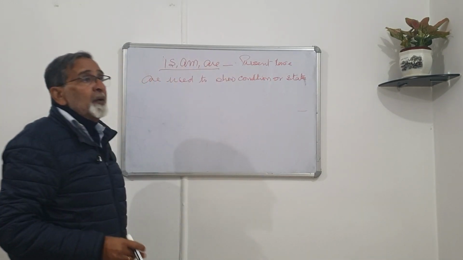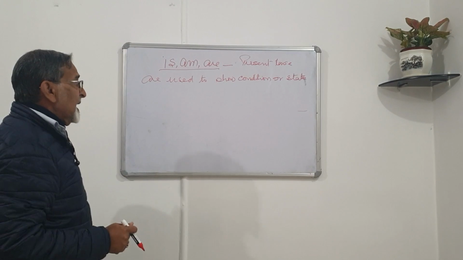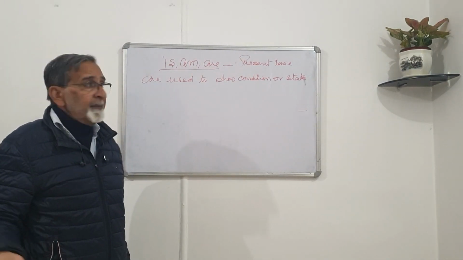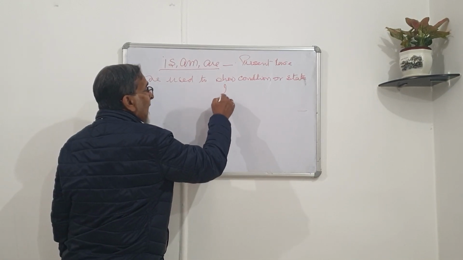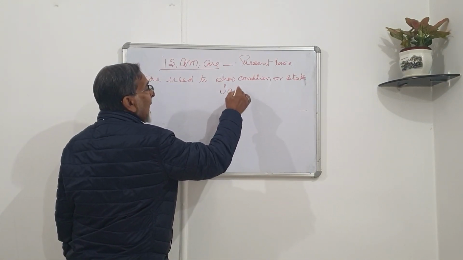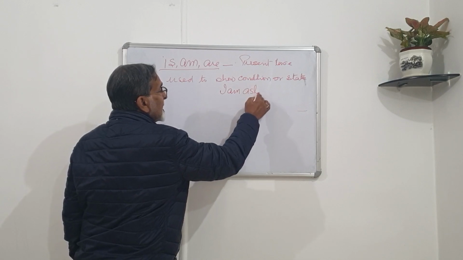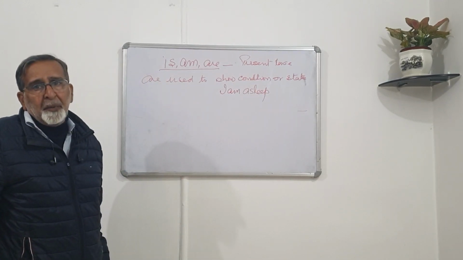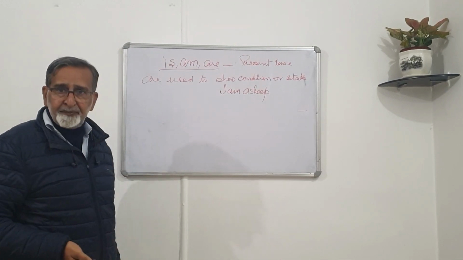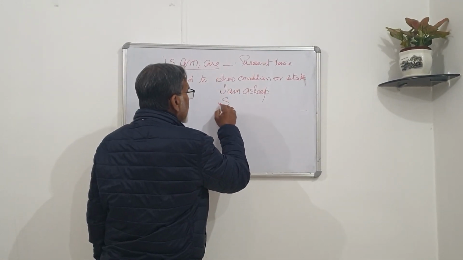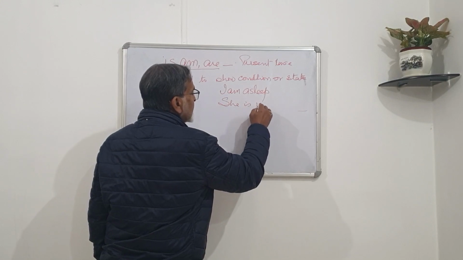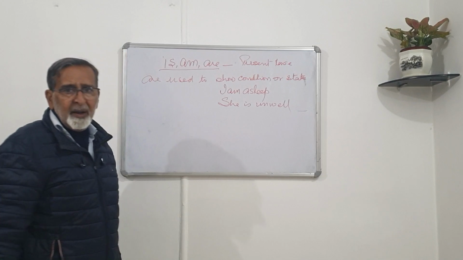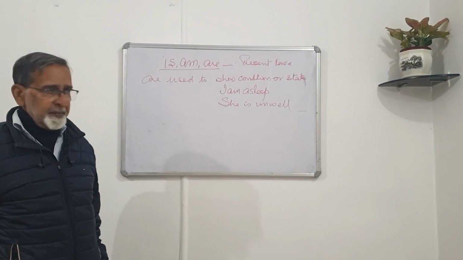Now remember, when I say state or condition, I mean sthiti, in what particular position or where they are. For example, I am asleep. That is the condition I am in. Or she is unwell. That's the condition of the person.